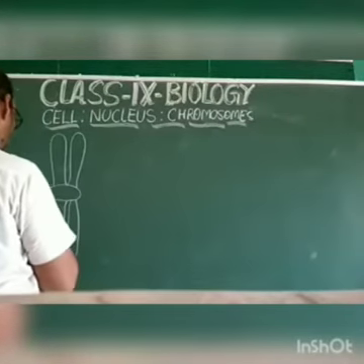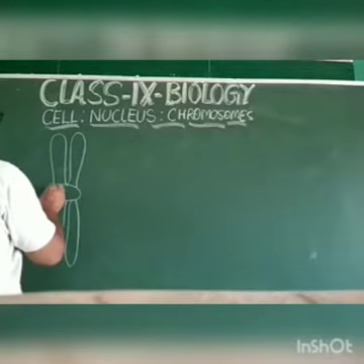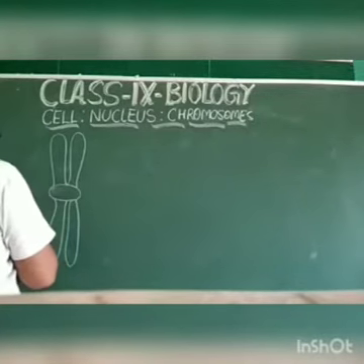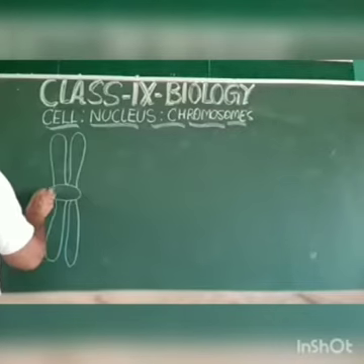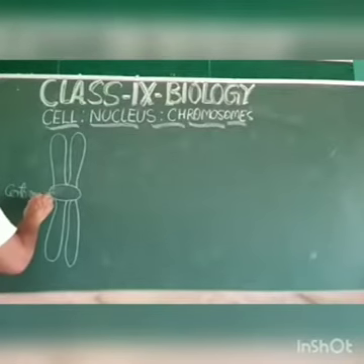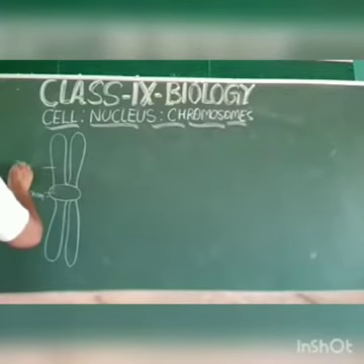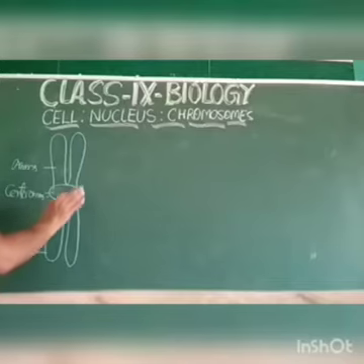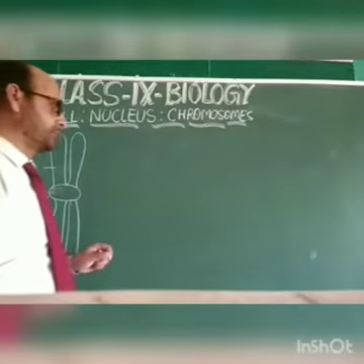And this is the centromere. These are the arms, and this is the telomere. The end part is called the telomere. So this is the composite structure of the chromosome.